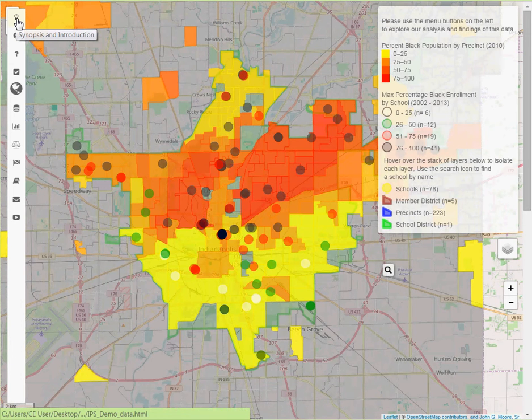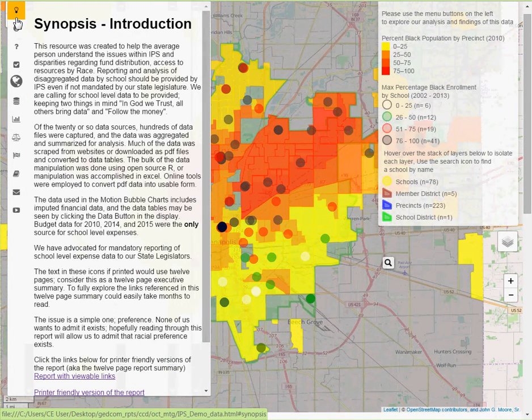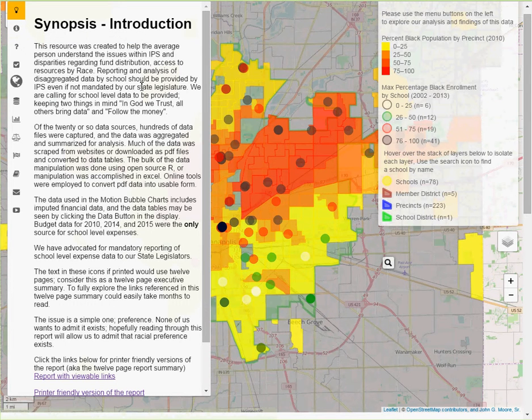So earlier I promised you I would talk about what was behind these icons to the left. Let's take a look at the introduction. The key point of this whole site is we're calling for school level data to be provided. And we're keeping two things in mind: In God we trust, all others bring data, and follow the money.